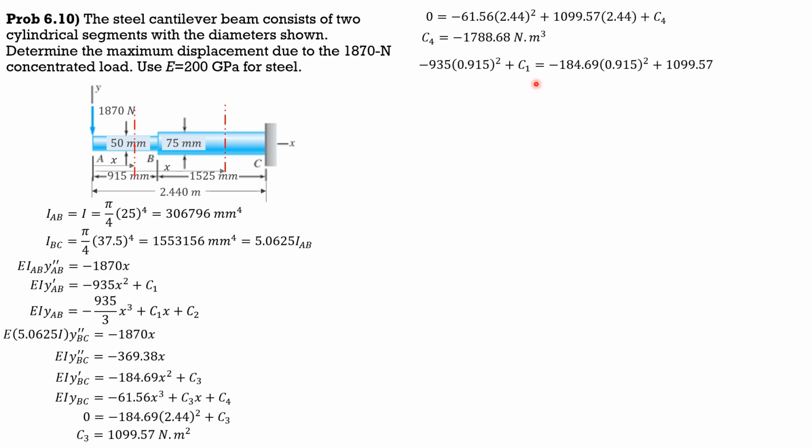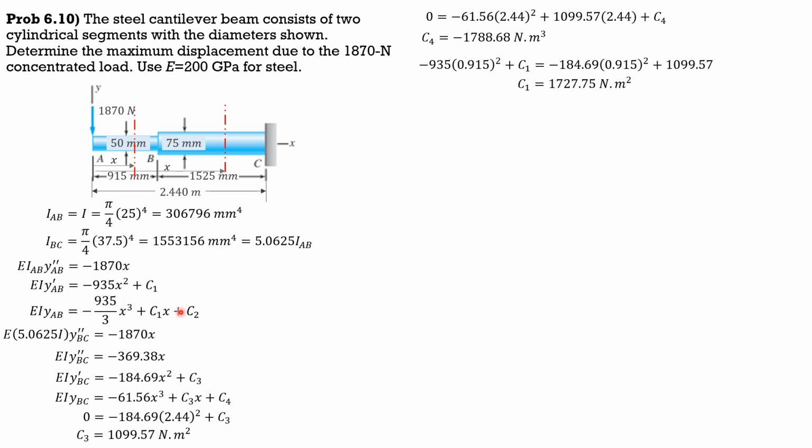That's it. So we can now solve c sub 1. C sub 1 is equal to 1727.75 Newton meter square.